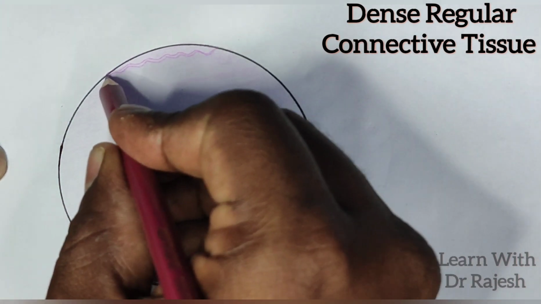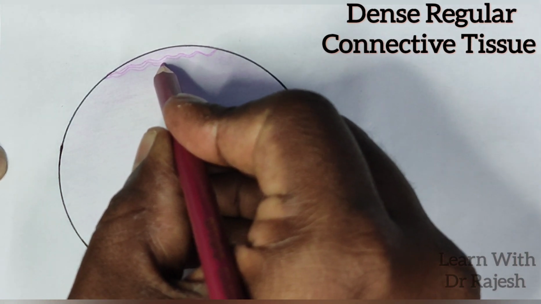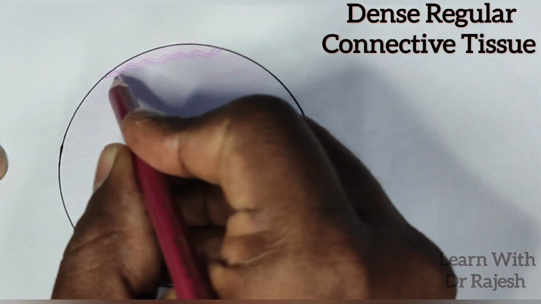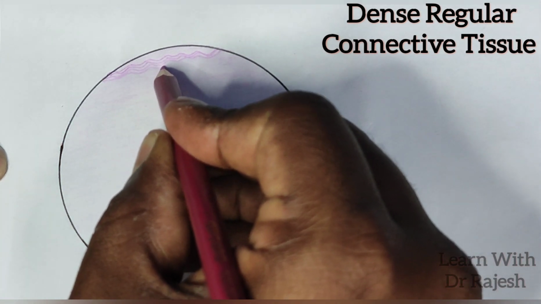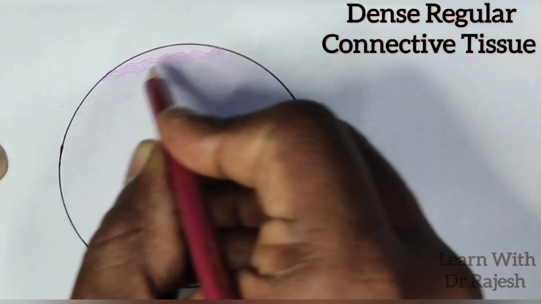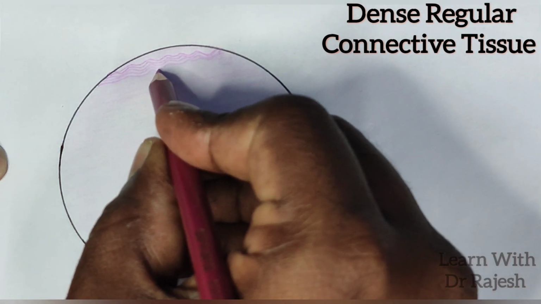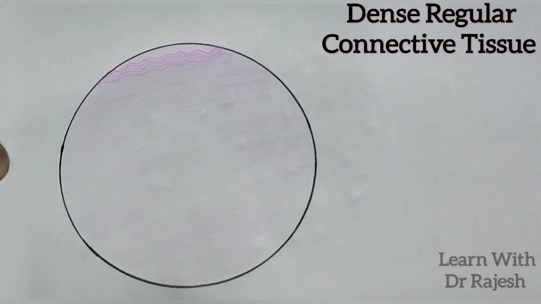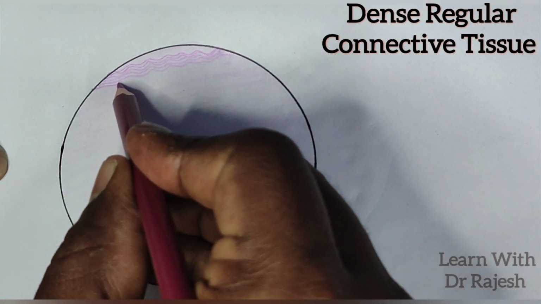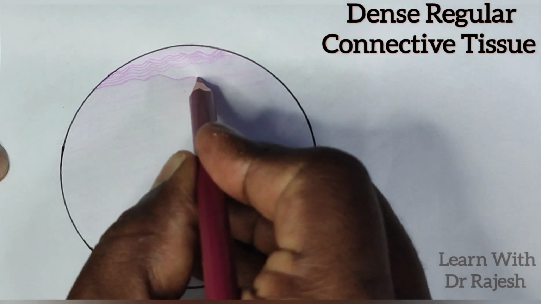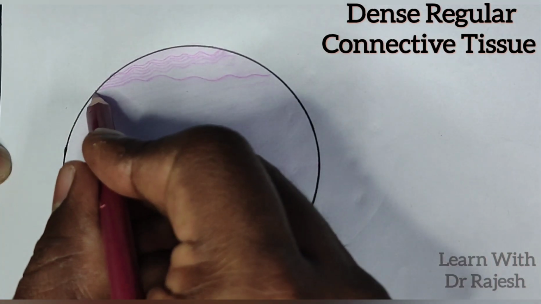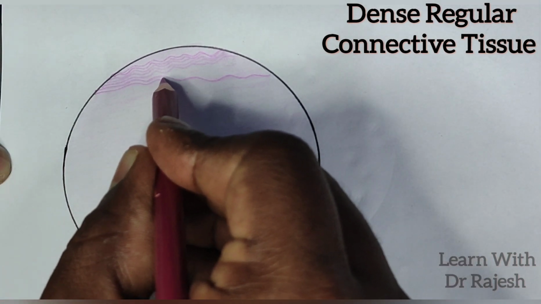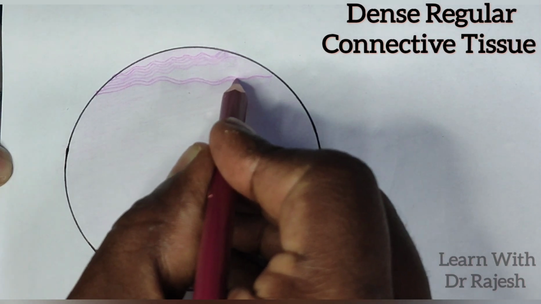So all the features of collagen fibers have to be there. These are wavy bundles. The individual fibers will not branch, only the bundles branch. So the entire bundle can branch, the individual fiber will never branch. So now we can see the collagen fiber bundles which branch; the single fiber will never branch.